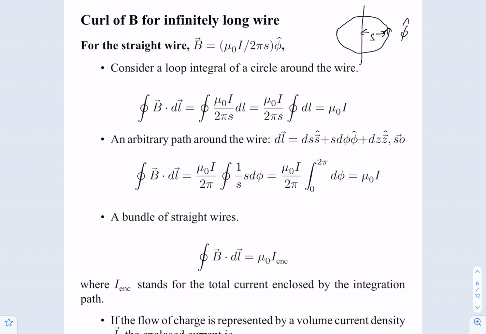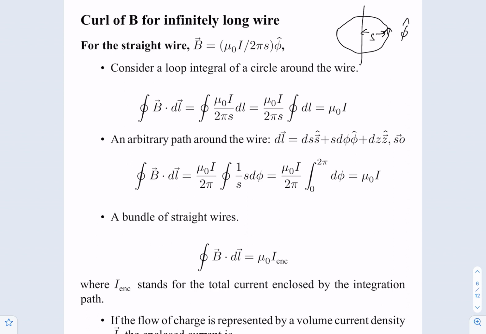Now what's interesting is that if we evaluate the integral in the angular direction, you replace dl by s d phi, and then the s cancels out.